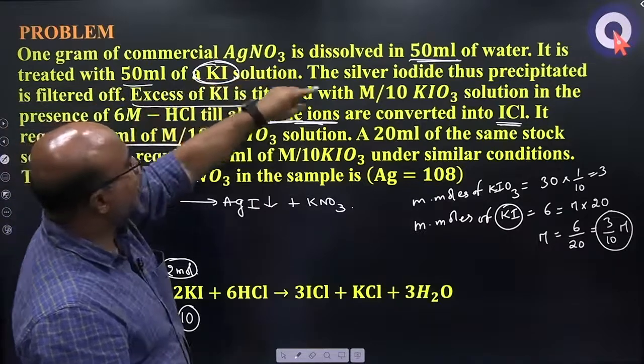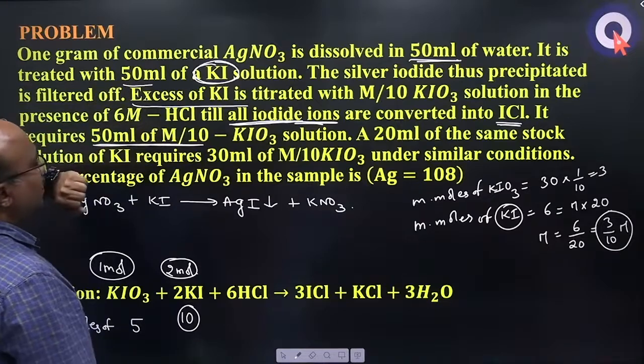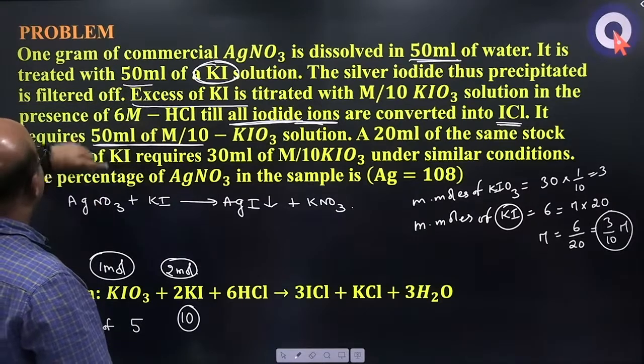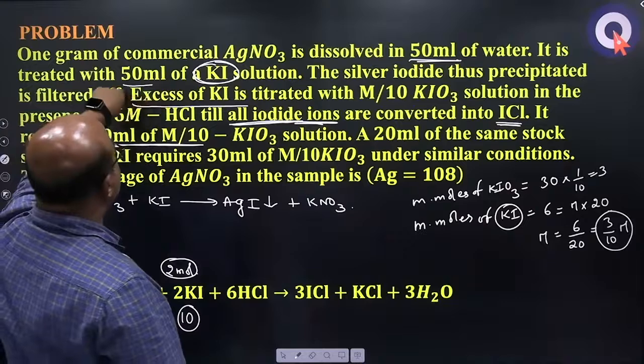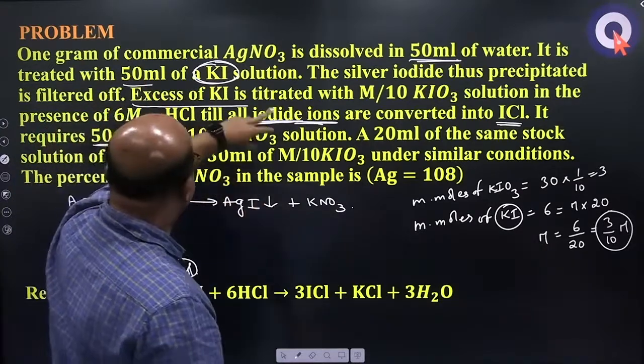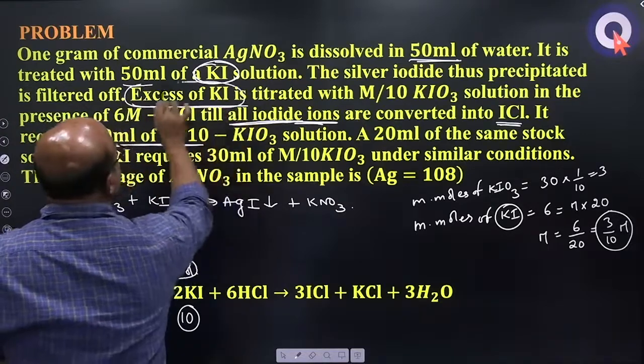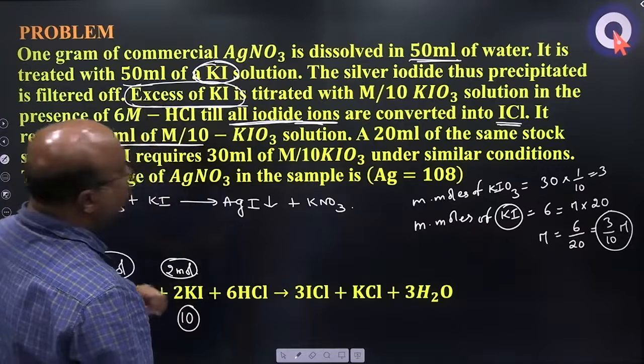Then silver iodide is precipitated and filtered out. Their intention is maybe, if you just use this part, let us see how much you get. Something may be missing from the problem, which we will try to find out now.